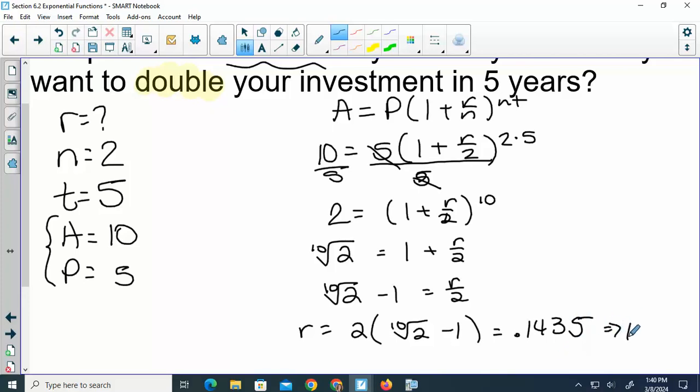So we get 14.35% to double it. Do we have to make it a percentage? Typically, that's how it's given. So it would be better to answer it that way.